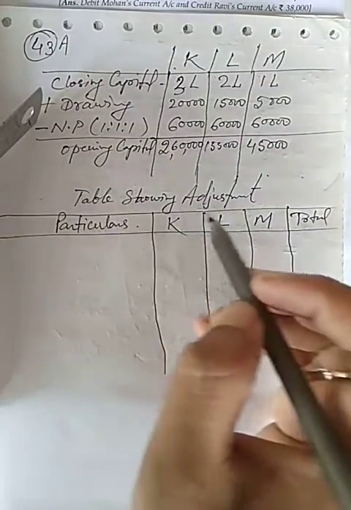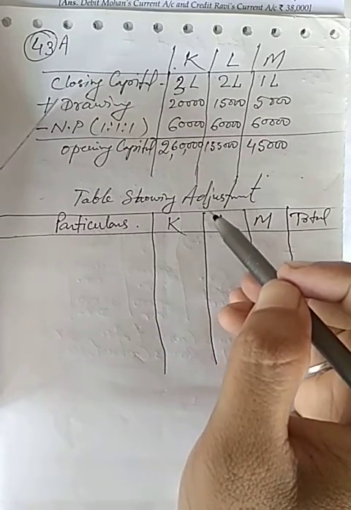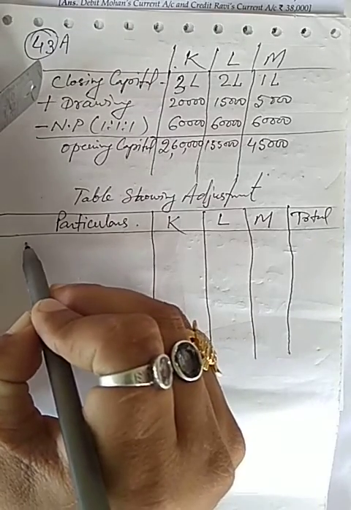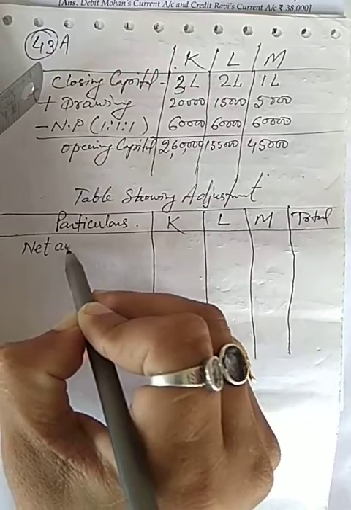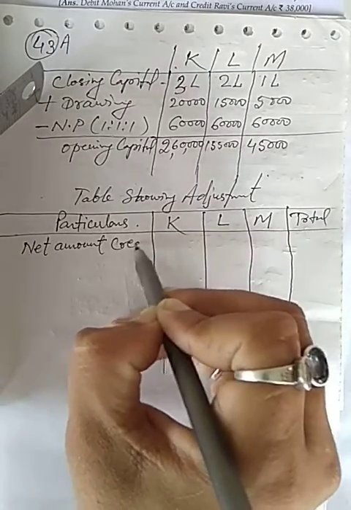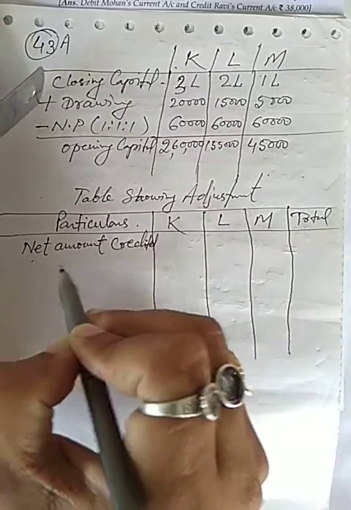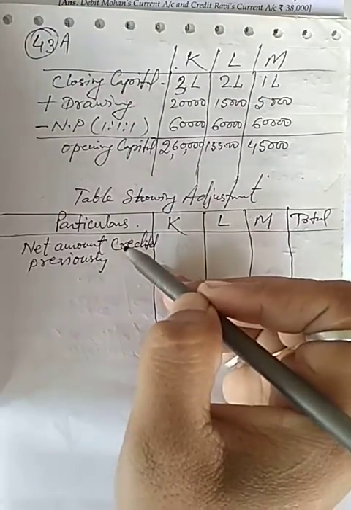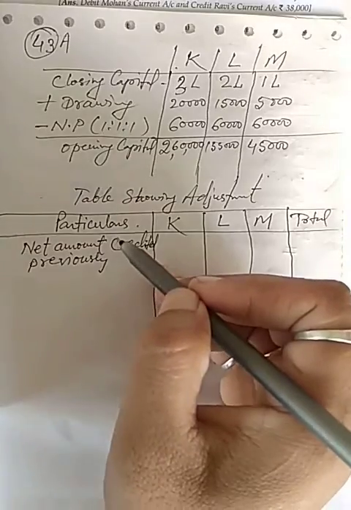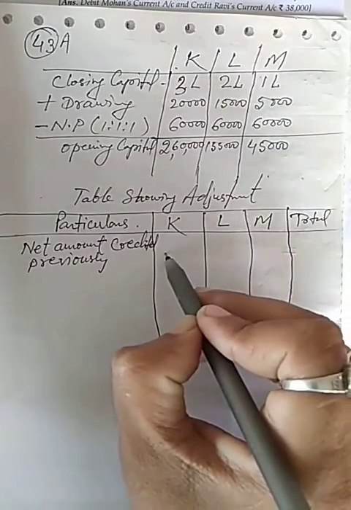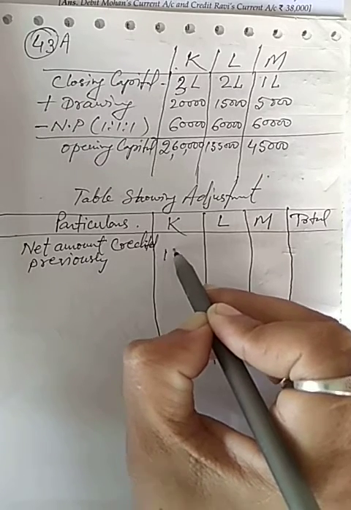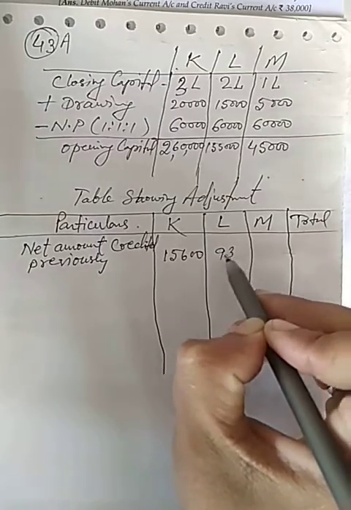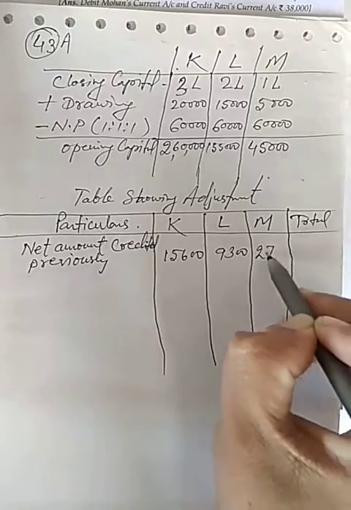Now the net amount that should have been credited to partners is 15,600, 9,300 and 2,700.